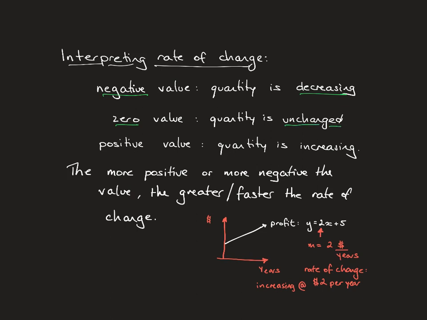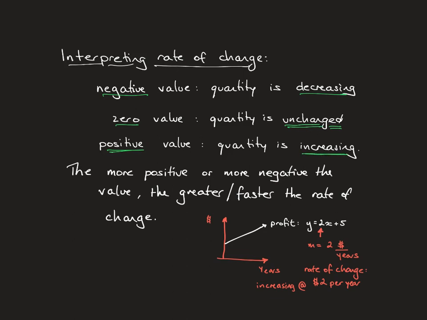You'll often see this used with the word speed, for example, at a constant speed or a constant velocity. It is unchanged. Obviously, if the rate of change is 0, then the derivative is 0, and so you have a flat line. If the rate of change is positive, then the value on the y-axis is increasing.